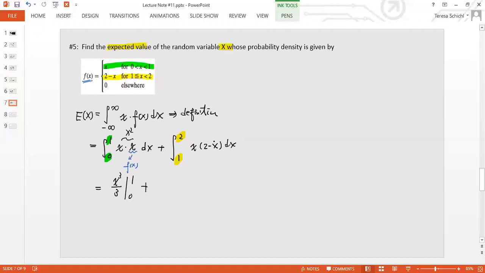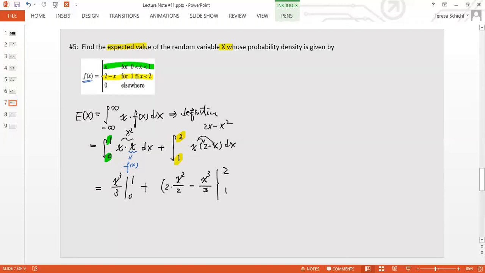Then plus, for the second piece, it is 2x minus x squared. When you integrate, 2x gives 2 times x squared over 2, minus x cubed over 3, with the upper and lower limits.